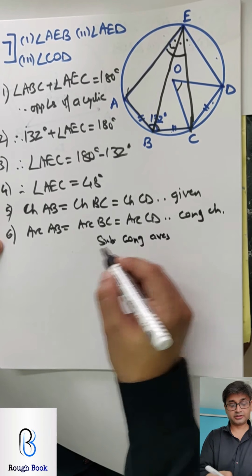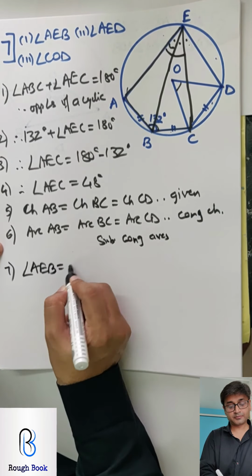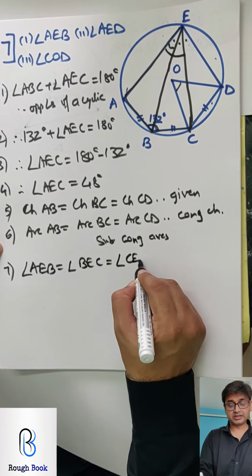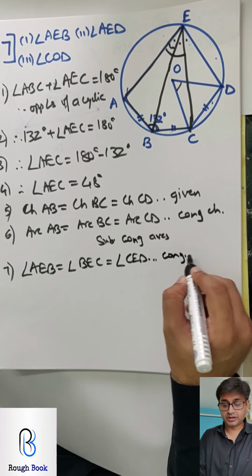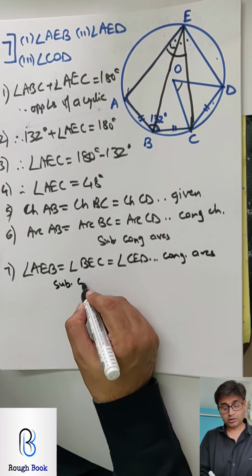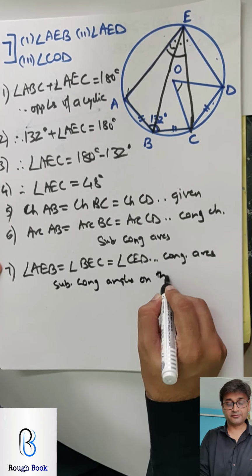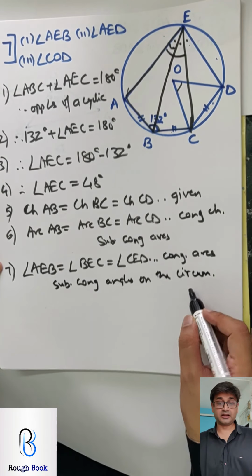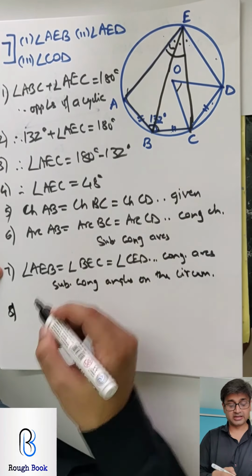Okay. Further, angles. So AEB equals BEC equals CED. Now the only difference in the statement over here is going to be congruent arcs subtend congruent angles on the circumference. Earlier we used to write congruent angles at the center. Even on the circumference, same logic. So we got all the three angles equal.